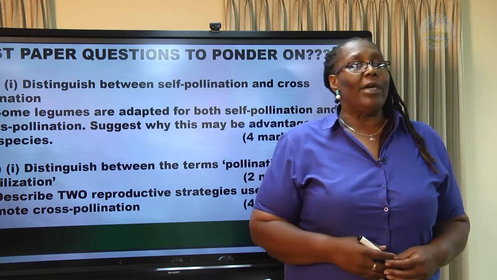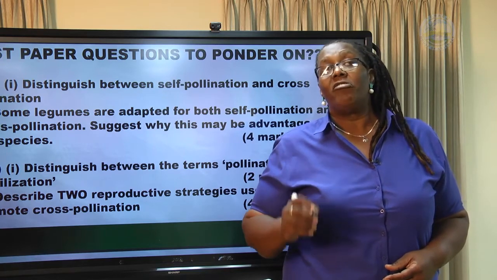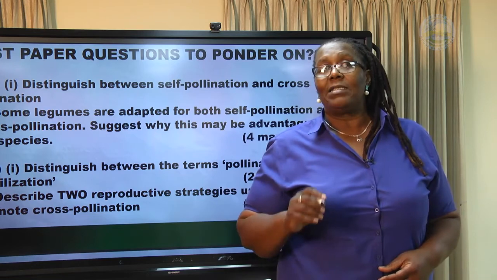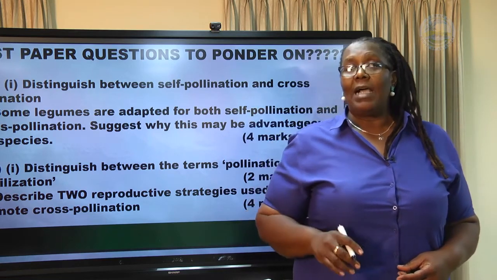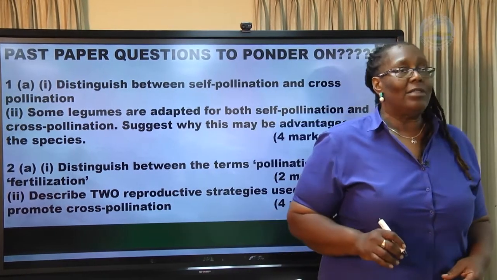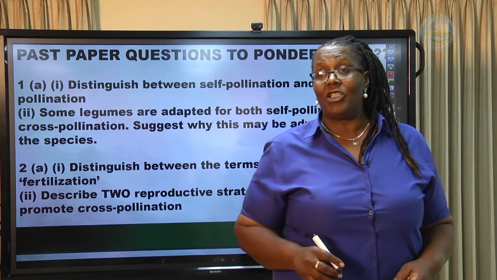There's one I did not mention there: self-sterility. In self-sterility, the pollen grain will land on the stigma, but there will not be fertilization.